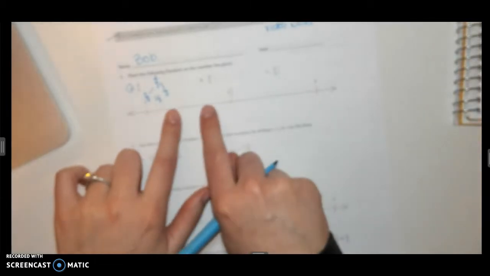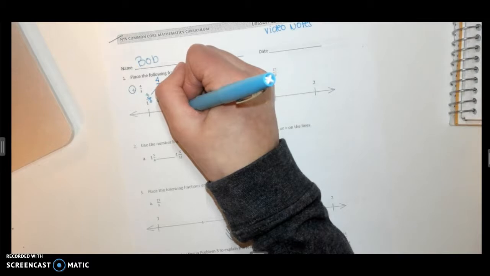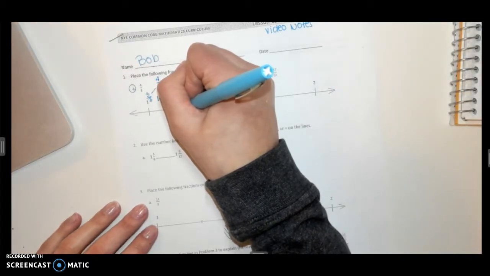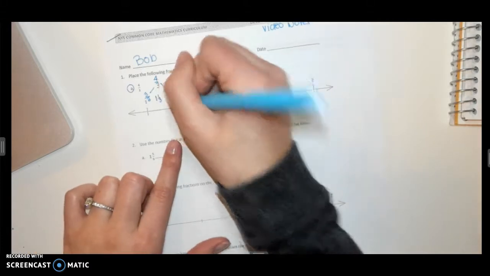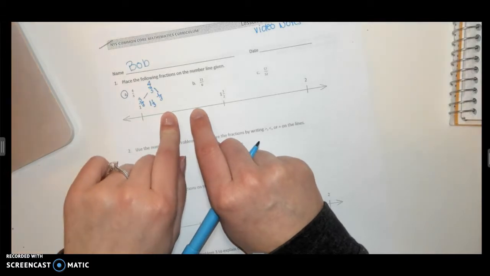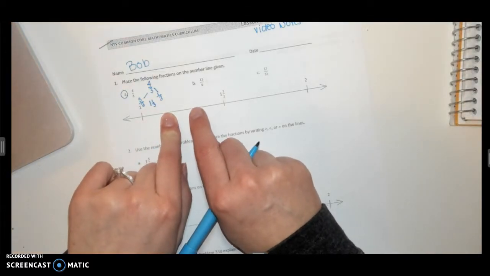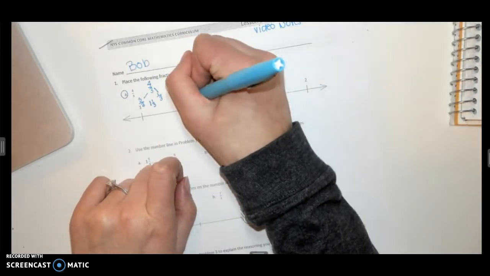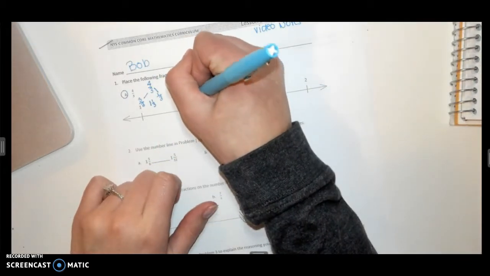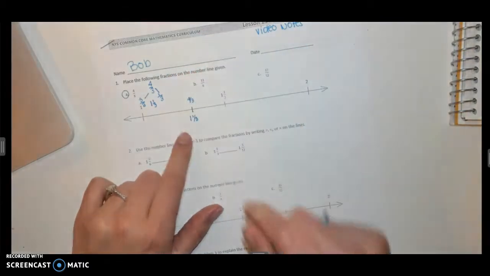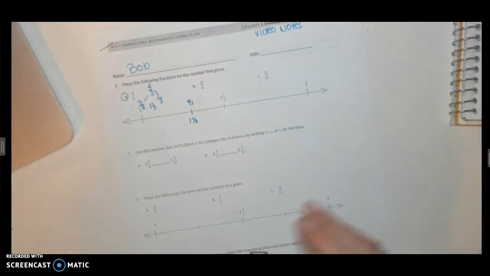So 1 and 1/3 would be plotted right about here. So I'll write 4/3 up here and I'll write 1 and 1/3 down here. But that equals the same fraction.